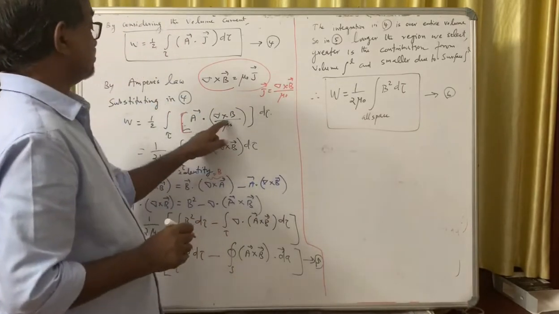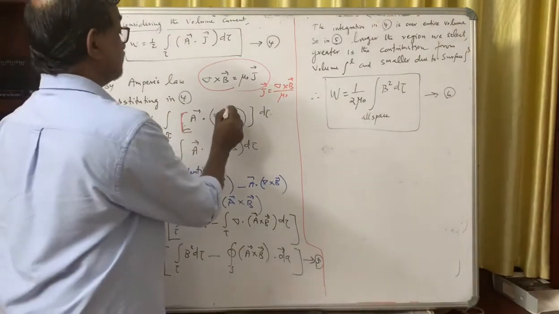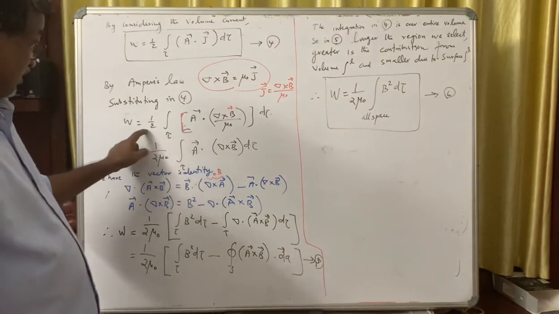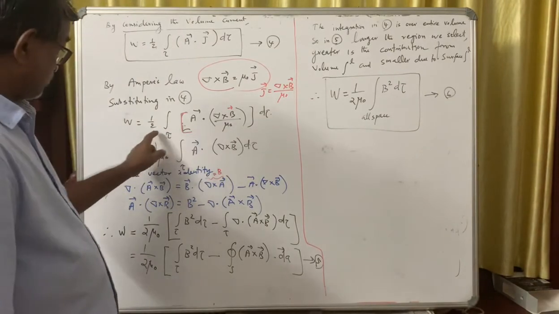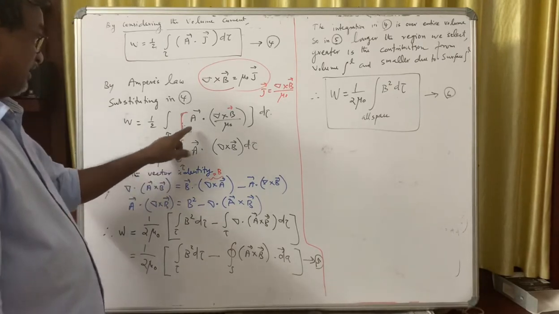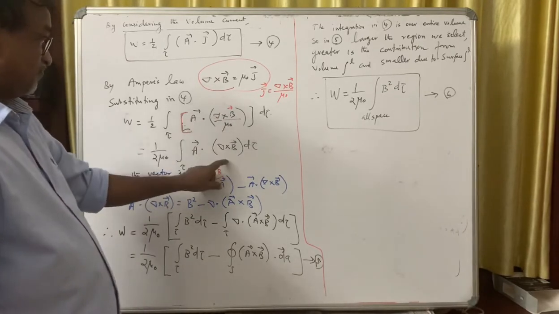So substituting for J, del cross B by mu 0, into dv, bring this mu 0 outside the integral sign: 1 by 2 mu 0 integral A dot del cross B dv.